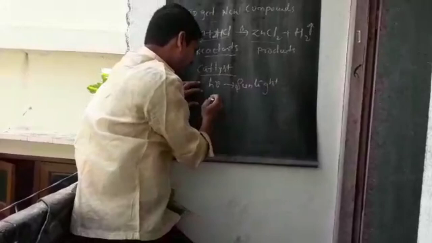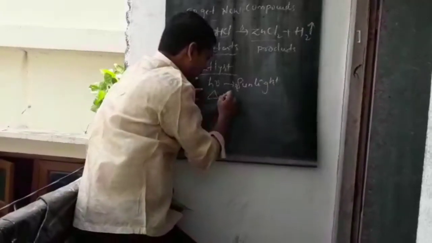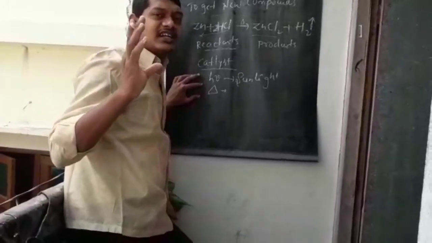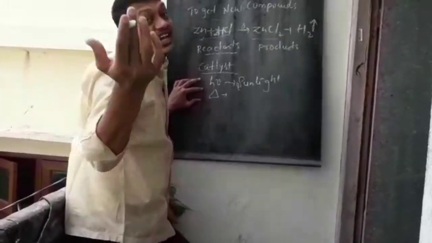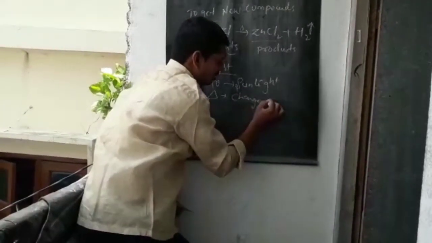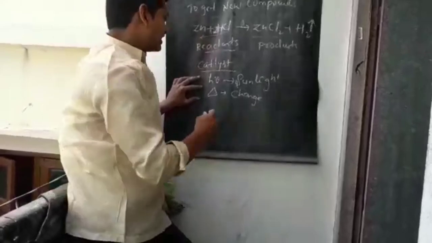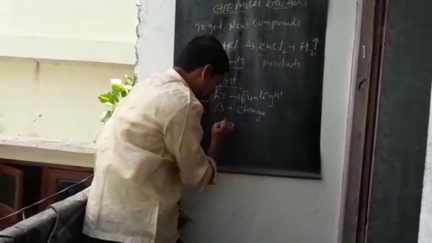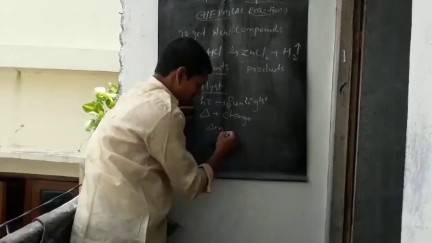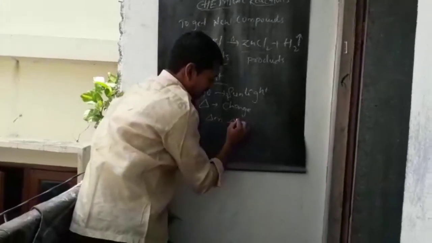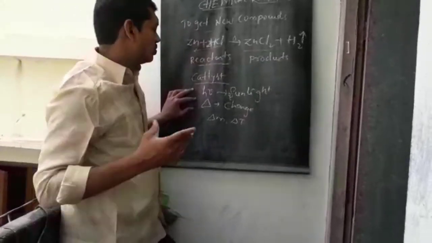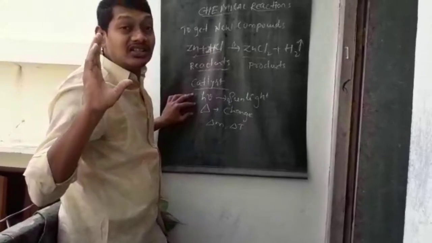And here delta, a Greek letter, means change. For example, delta M is change in mass, and delta T is change in temperature. So delta means change.